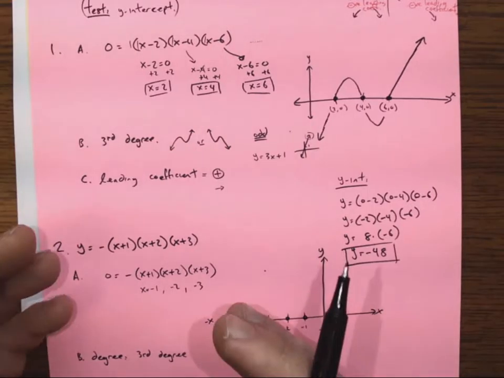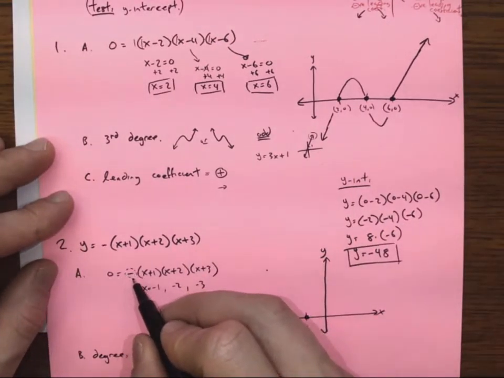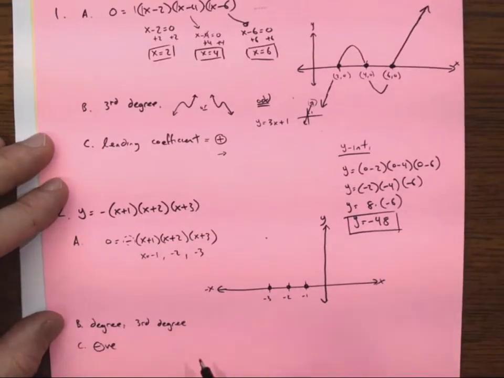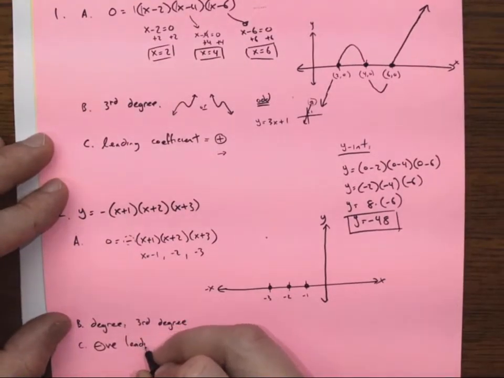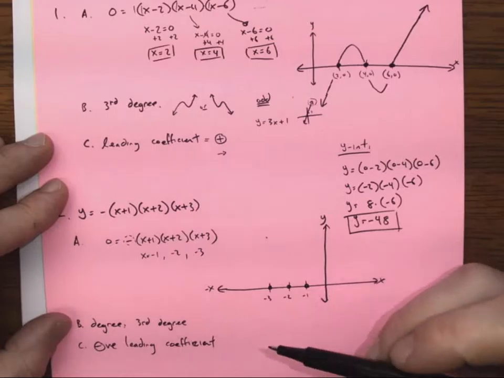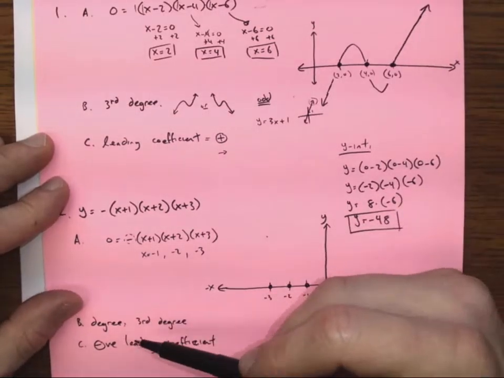So again, I should expect my ends pointing in opposite directions. The leading coefficient here is a negative coefficient. And so that means instead of pointing up like this, it's going to be a reflection. It's negative in front.